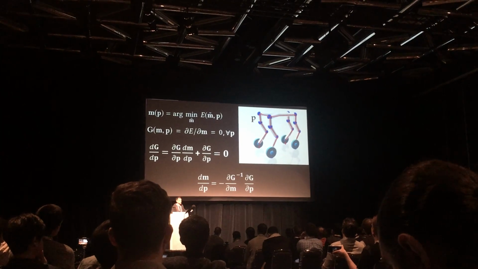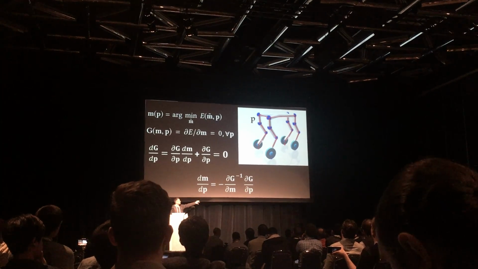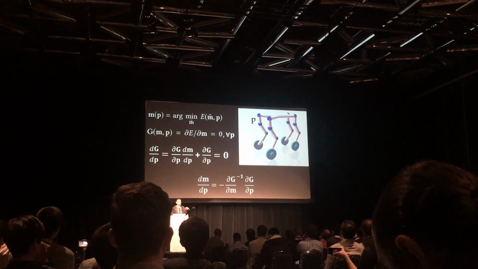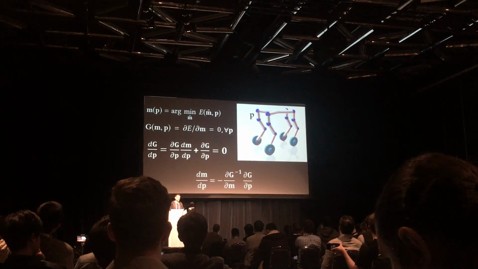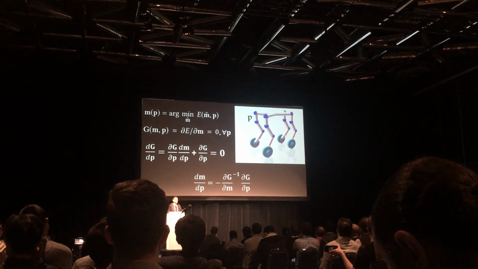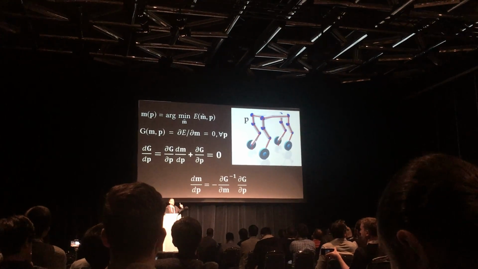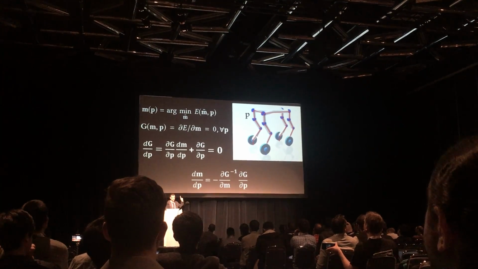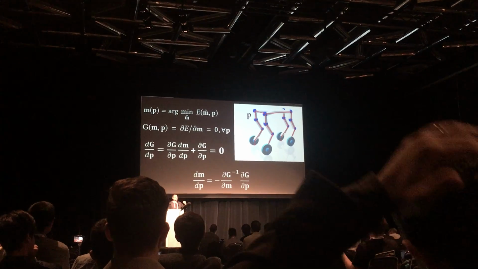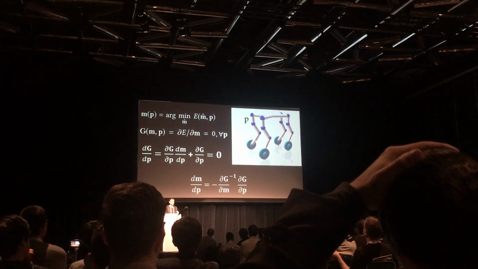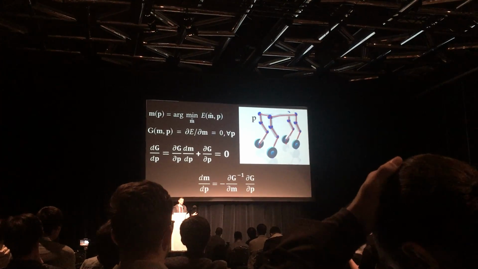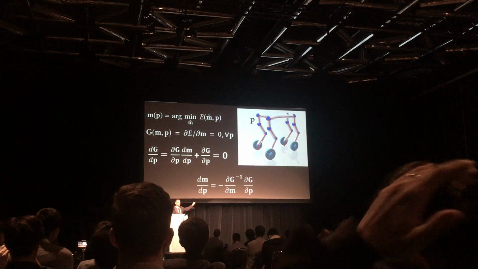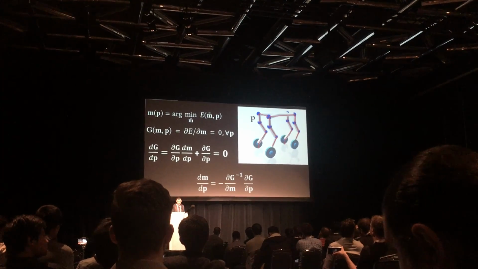And the thing that's important here is that this expression that we have, basically the partial derivative of the gradient of the energy with respect to m and p, these terms can be computed analytically. And this is very important because the relationship that we had earlier, which is m of p, the first line here, does not have a closed form solution. Right? So even though we have this pretty complicated expression that we have to solve numerically, this Jacobian we can compute analytically. So that's quite important.